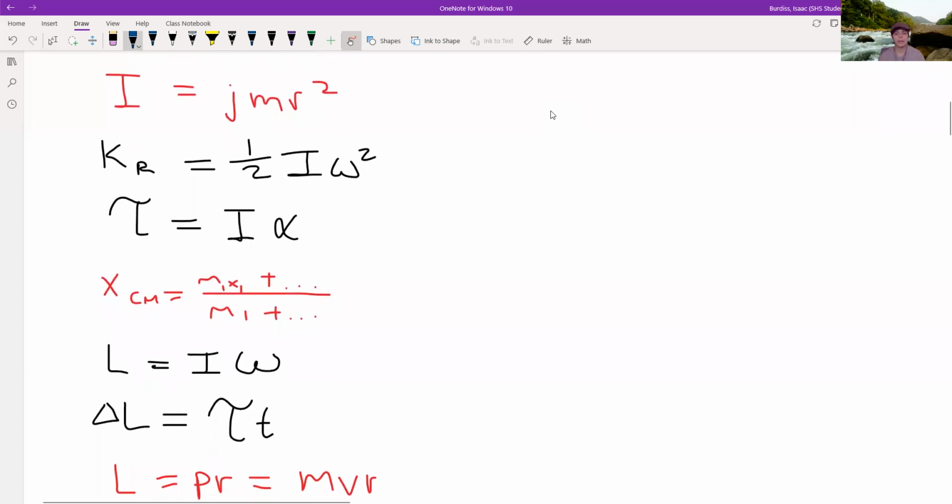Then moment of inertia, you have to remember this one. I think it might be on the formula sheet, but I don't think it is. Well, we have m times r squared. This J thing is something I made up because that's not really a physics letter, so I knew I could use it for something.